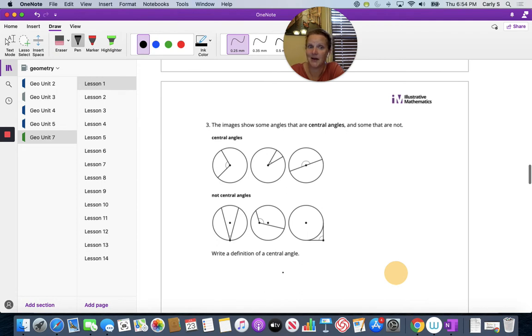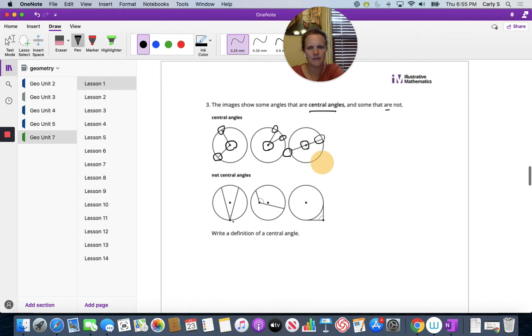Now let's talk about central angles. So some angles are central angles and some are not. If I look at these, these are all central angles, and it looks like the vertex is the center and the endpoints are on the circle. Vertex is center, even if it's a straight line, endpoints on the circle.